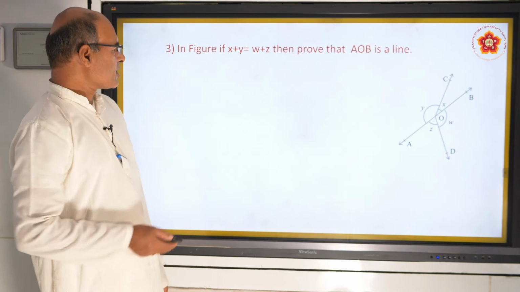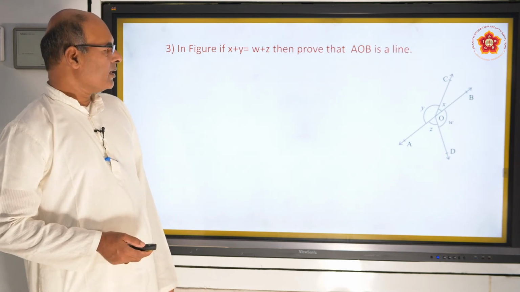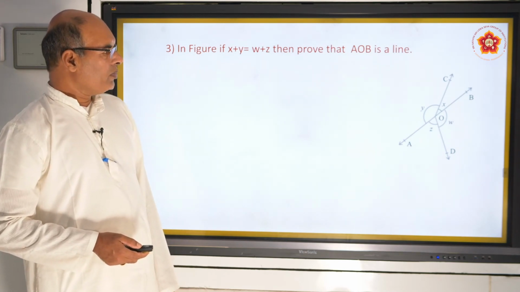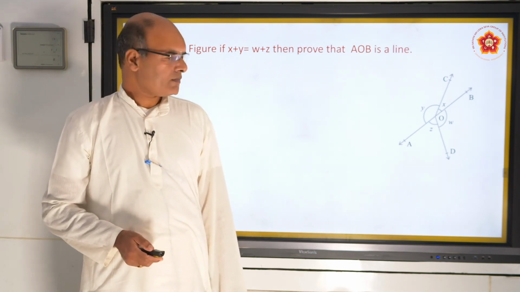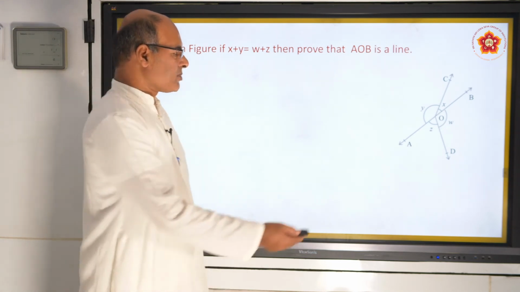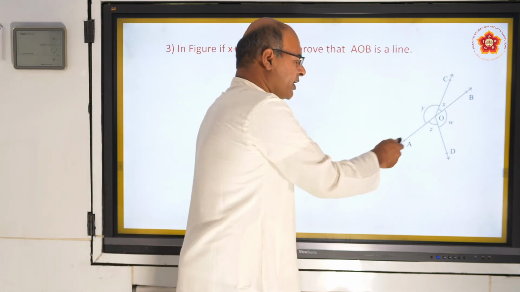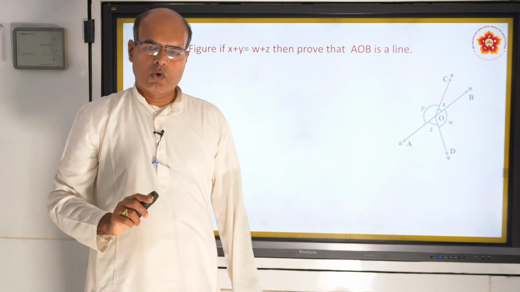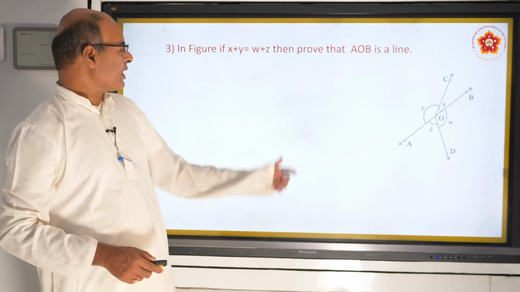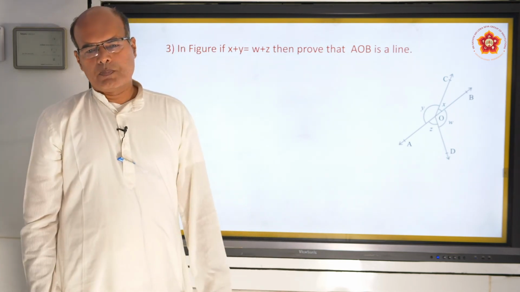In the figure, x plus y is equal to y plus z. Then prove that AOB is a straight line. If we prove that x plus y is equal to 180 degrees, then we can call AOB a straight line. We have to prove that x plus y is equal to 180 degrees. It is given that x plus y is equal to y plus z.